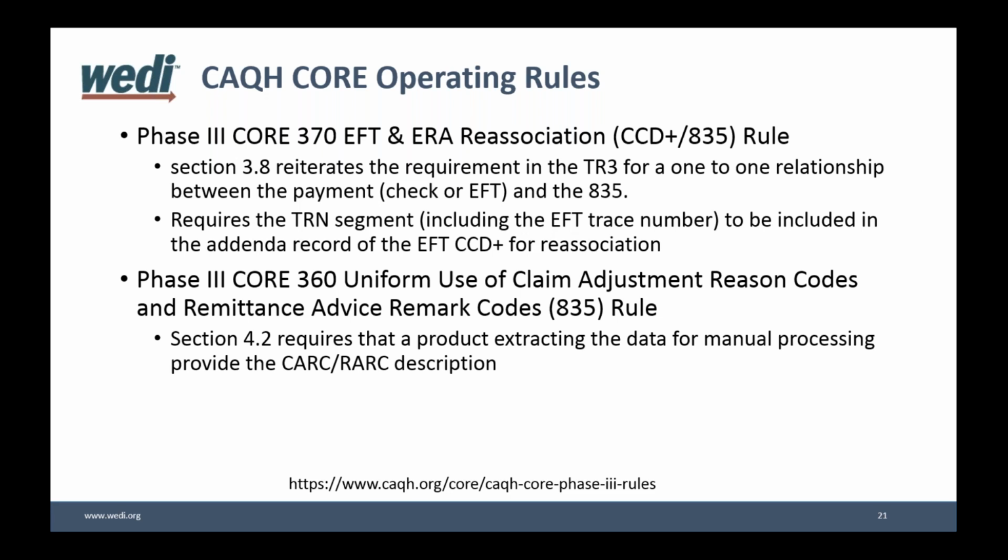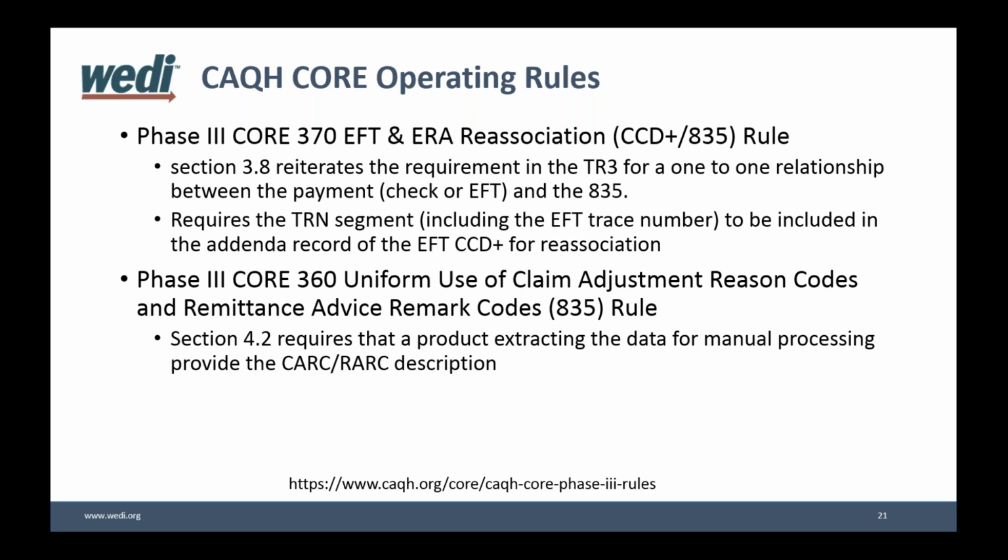Phase 3, Core Rule 370, the ERA and EFT reassociation rule, one section of that reiterates the requirement in the TR3 for a one-to-one relationship between the payment and the 835. Pat mentioned this earlier, that there is a requirement in the implementation guide for the 835 and now in the operating rule that there be a one-to-one relationship.